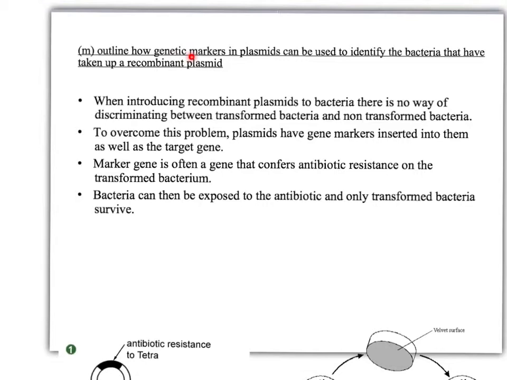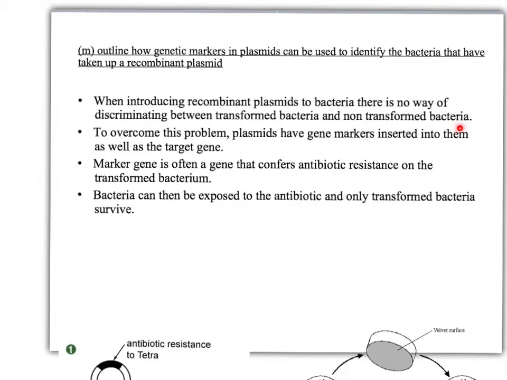And quite often we also engineer into a plasmid some form of gene which confers resistance to an antibiotic, and we'll see why that's important in a second. Looking at your notes, when introducing recombinant plasmids to the bacteria, there's no way of discriminating between transformed bacteria, i.e. the bacteria that have taken up the plasmid, and bacteria that haven't been transformed, i.e. bacteria that haven't taken up the plasmid.